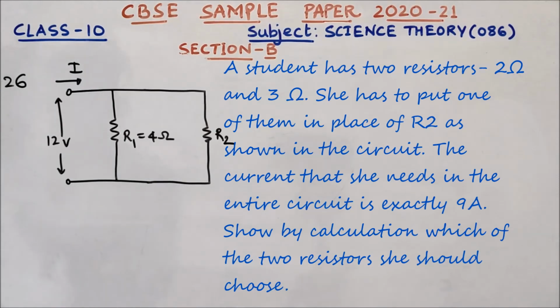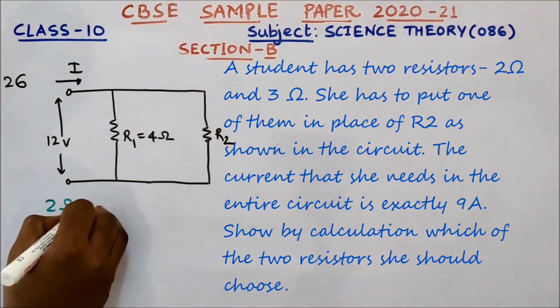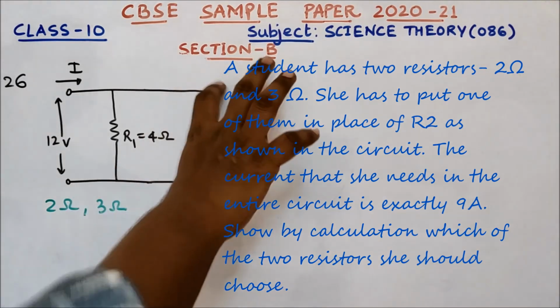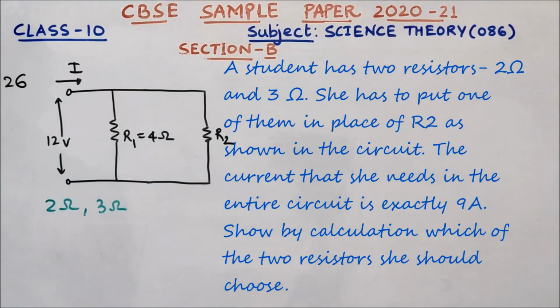A student has two resistors, 2 ohm and 3 ohm. She has put one of them in place of R2. So we have to place one of the resistors in place of R2. As shown in the circuit, the current she needs in the entire circuit is exactly 9 amperes.